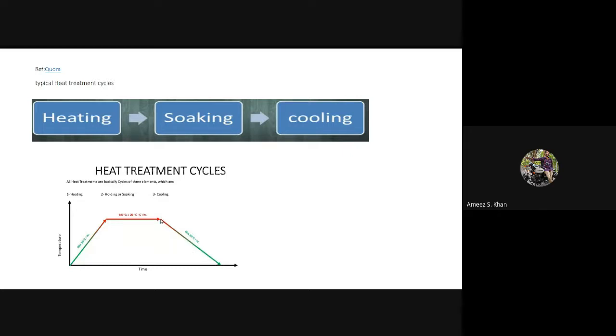You can do cooling like this, or directly from here to here, which will be quenching. So this is the heating cycle, this is the soaking cycle, and this is the cooling cycle. Fine. Sir, will the rate of cooling be affected by anything? Yes, obviously. I'll tell that soon. Just wait, I'm going to discuss that soon.